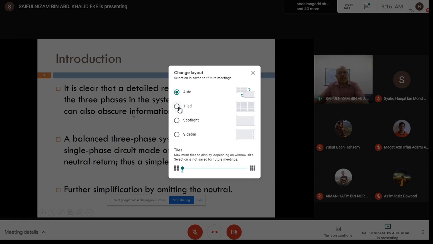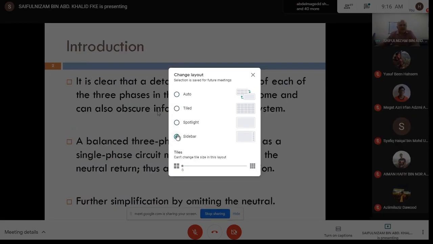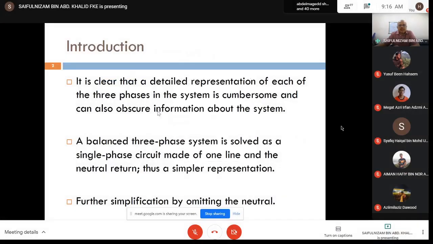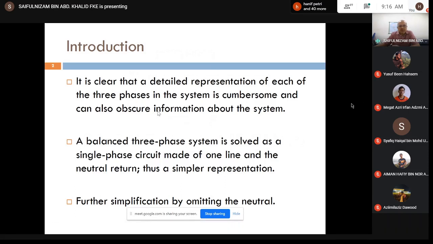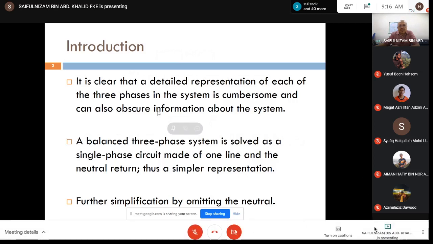As an introduction, it is clear that a detailed representation of each of the three phases in the system is complicated and can also obscure information about the system.